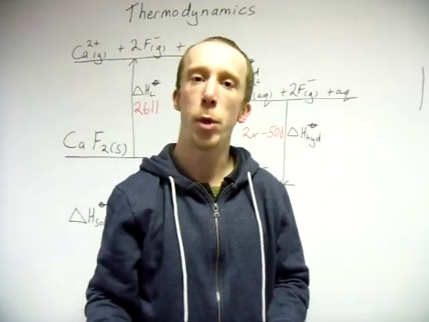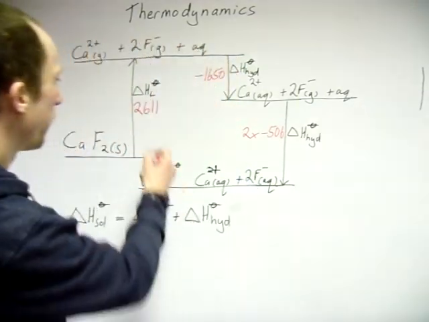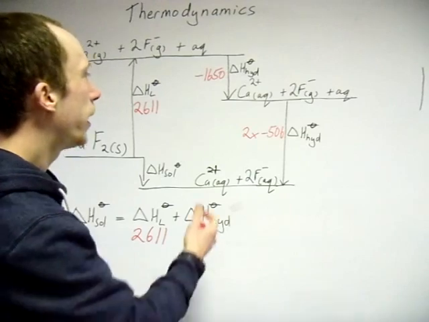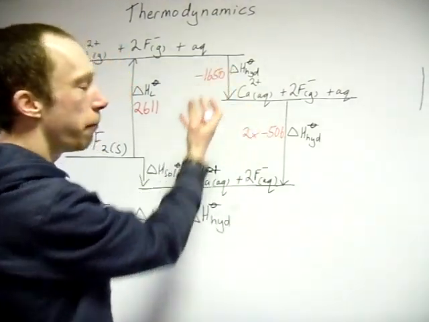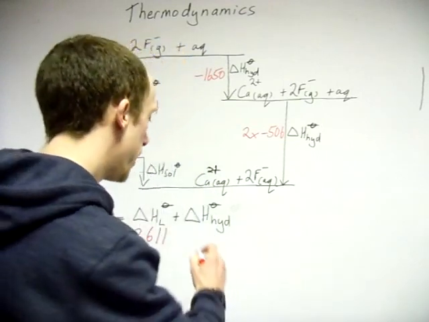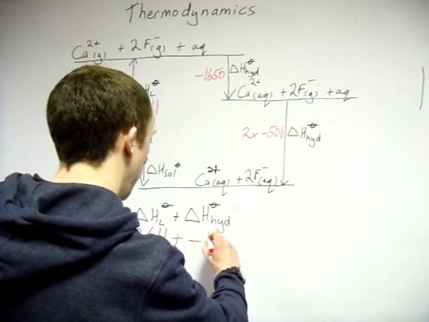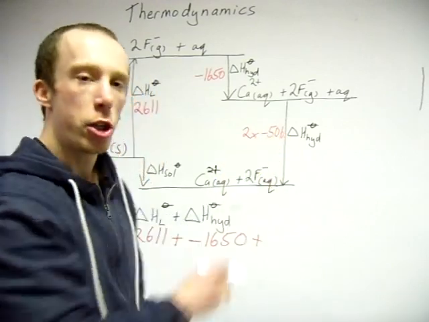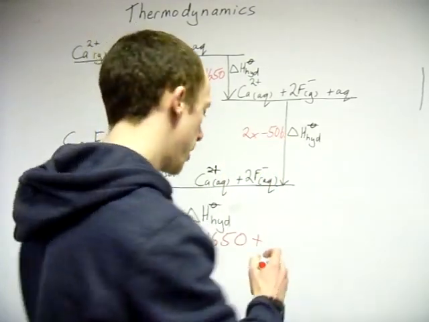Mathematically, if you punch them into a calculator, it's going to be the lattice enthalpy, and then add minus 1650, or just take it away, however you wish to type it, and then add 2 times minus 506.